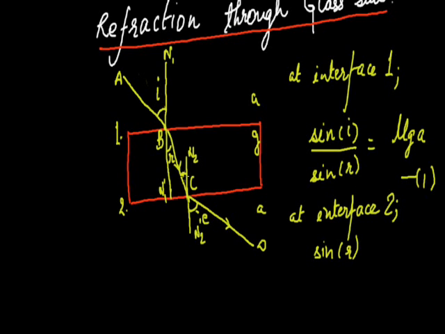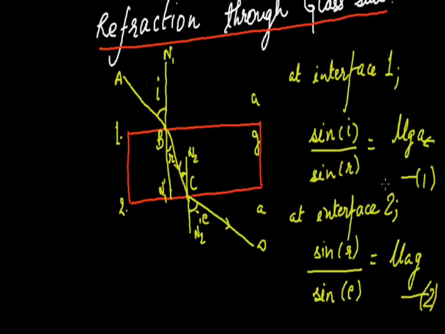So the ratio of the sine of the angle of incidence for the second interface to the sine of the angle of emergence should be equal to the refractive index of air with respect to glass. Now this is equation 2, and here we can see that in equation 1 we have written the refractive index of glass with respect to air, because the second medium for the first interface is glass while the first one is air. But for the second interface, this pair exchanges its position and air is the second medium while glass is the first one.